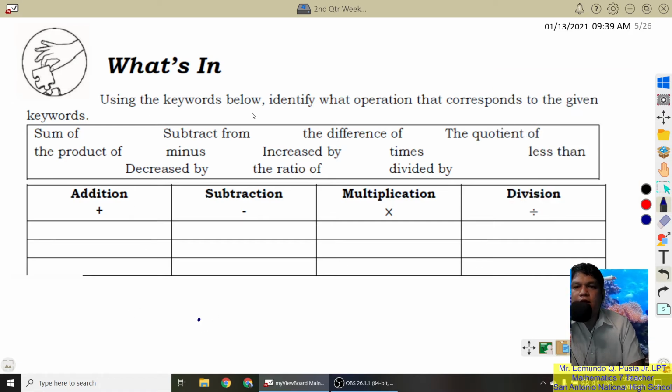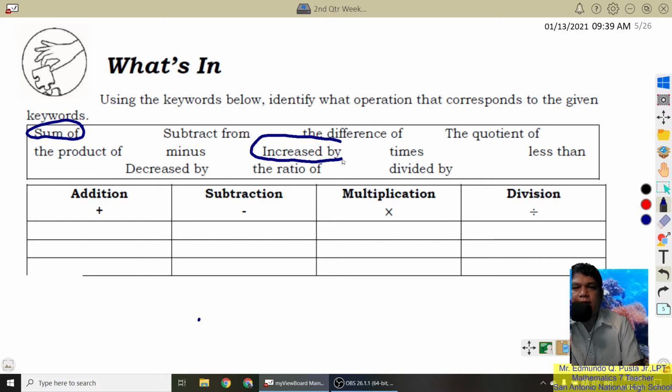Using the keywords below, according to the direction, identify what operation corresponds to the given words. So for addition, let me have the sum of, ayan, ibahin ko na lang yung kulay. Other addition, do we have other addition? Subtract from, minus, decrease, difference, increase by.